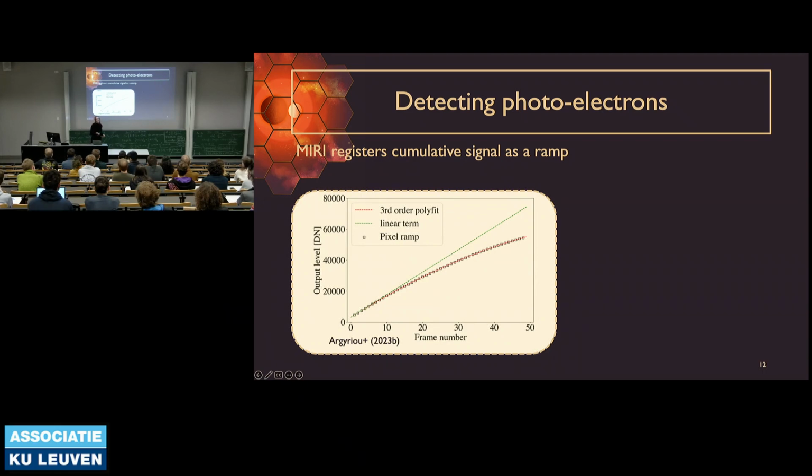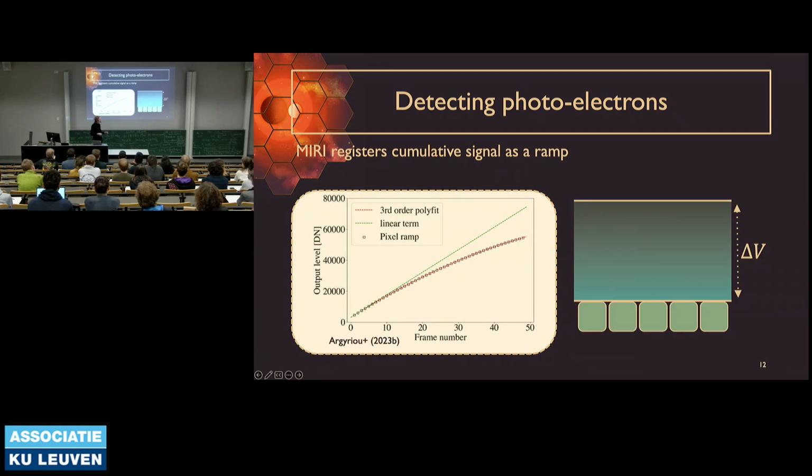And the reason for this is that in the detector itself, the way that the electrons are guided down to the pixel is because of a voltage difference between the top and the bottom. So you generate a photoelectron, and because of the charge difference it moves down to the pixel.